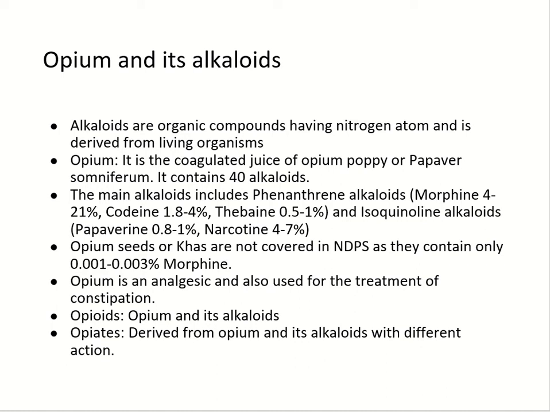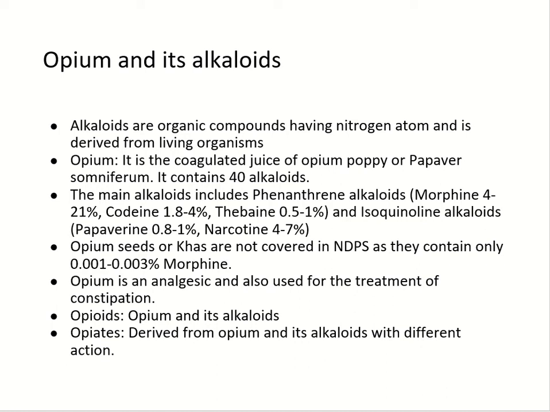Opium seeds or khaskhas are not covered in NDPS as they contain a very small amount of morphine by percentage, that is 0.001 to 0.003%. Opium is an analgesic and it is also used for the treatment of constipation.